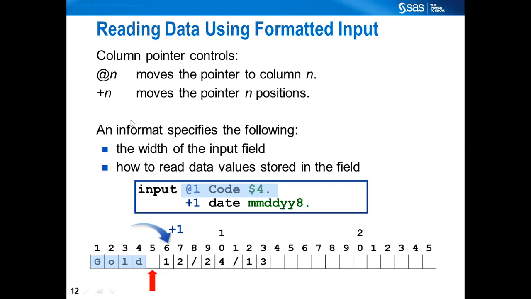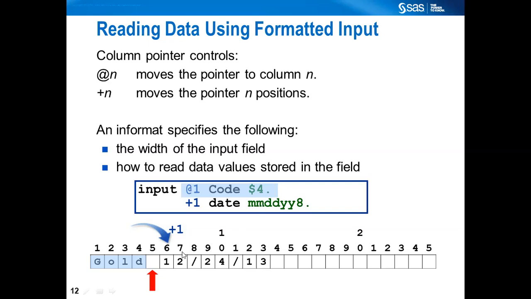Okay, and informat specifies the following. It specifies the width of the input field, that is, how many spaces it should read, and how to read the values stored in the field.